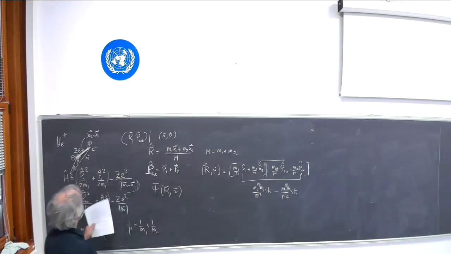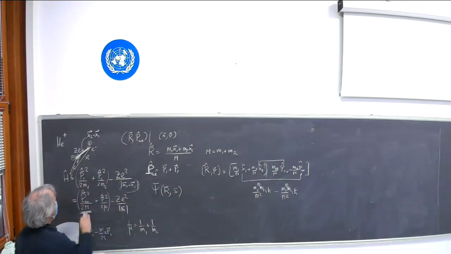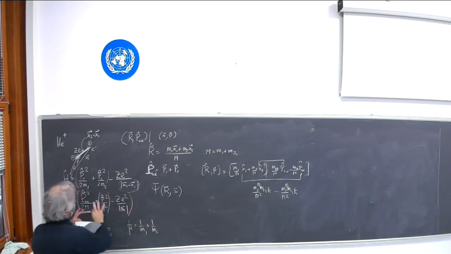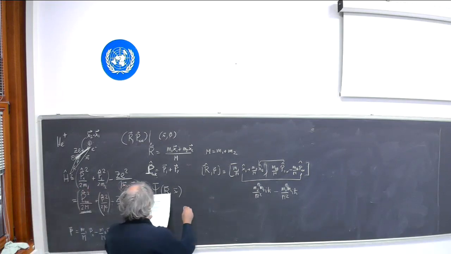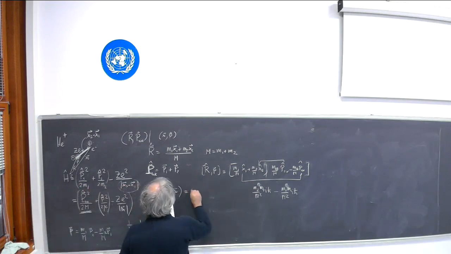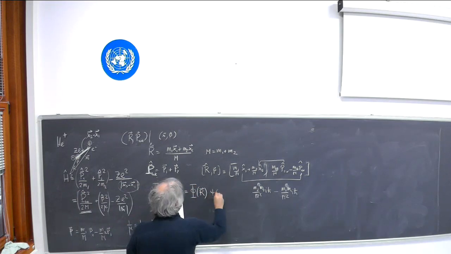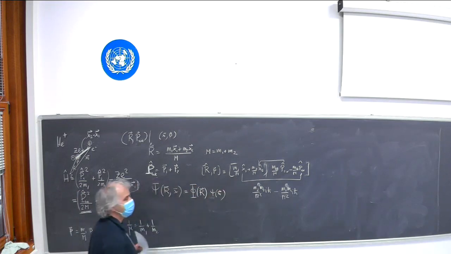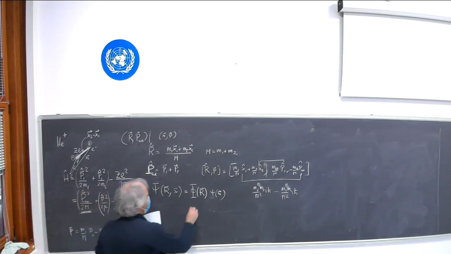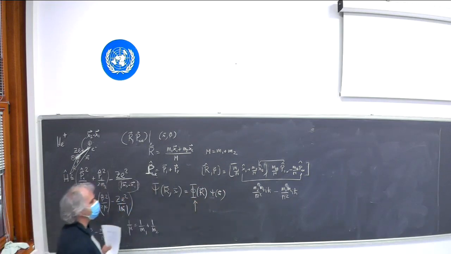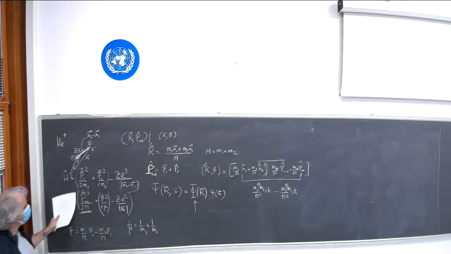You realize that since these two objects, the center of mass and the relative motion, do not talk to each other, you can do the trick of separation of variables and tell me that this is equal to a function of R times a function of the relative position, right? The product of the two. Can you tell me what is the correct function of R if I have a system like this?